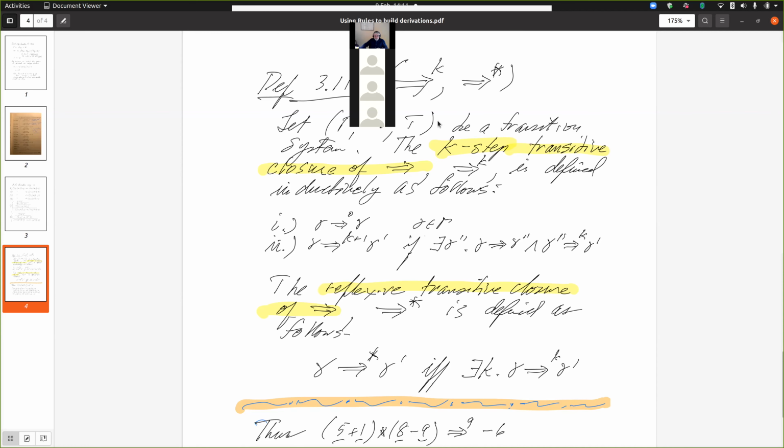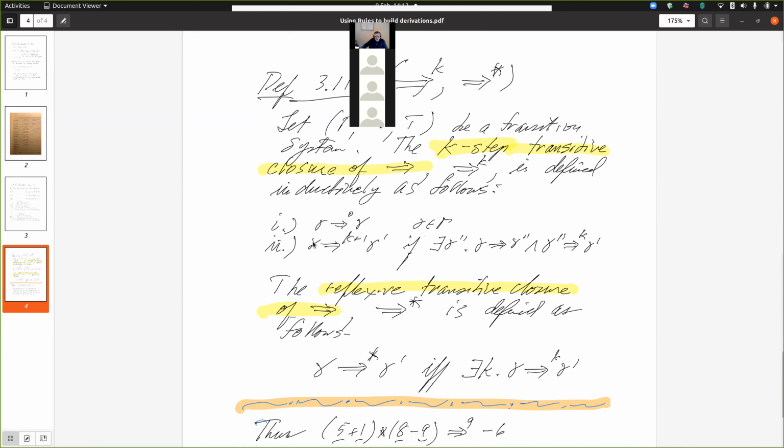So if this is a transition system, the K-step transitive closure of arrow is written like this, arrow sub K, and it's defined as follows. Gamma goes in 0 steps to itself. Okay, so that makes sense.